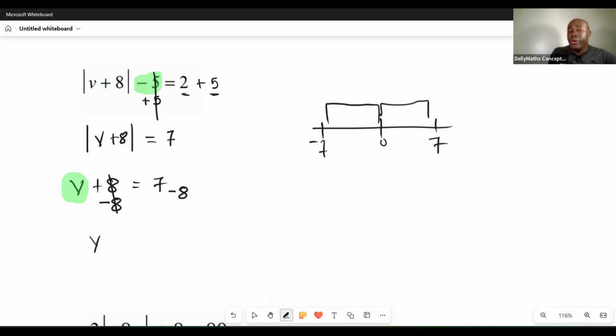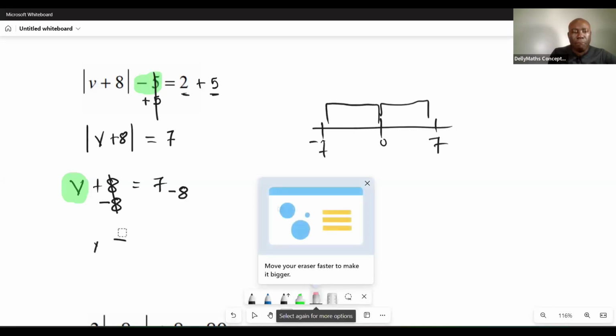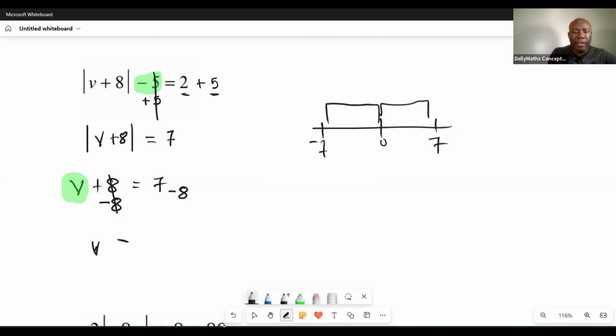Plus 8 minus 8 becomes a 0. And then what we do have here is actually -1. So in this case, v is actually -1, and that is one of our solutions.